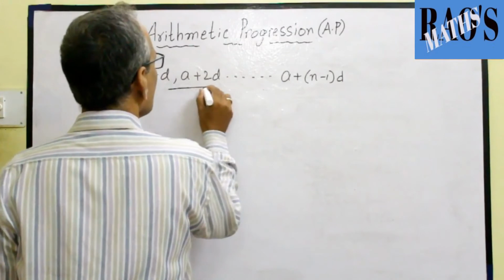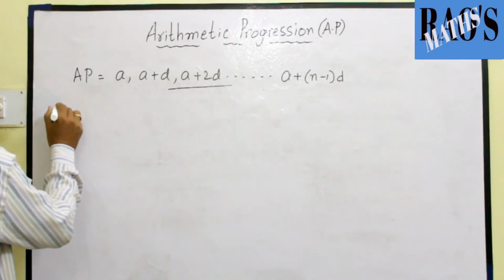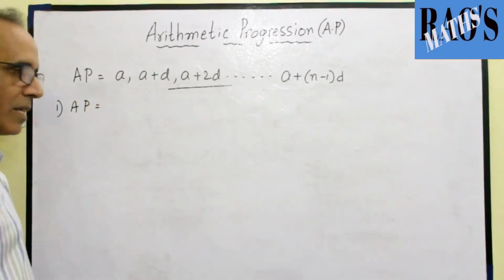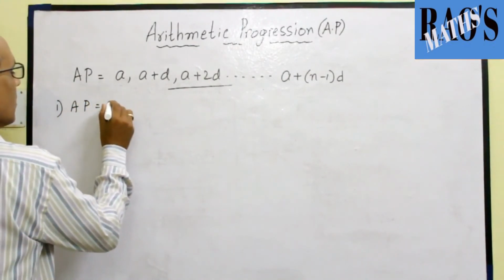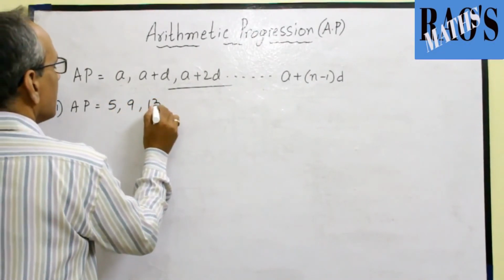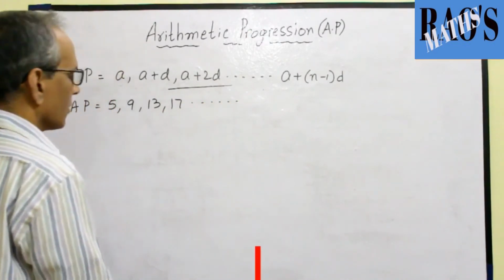So using this rule we find the nth term. Suppose the example is, you are given the AP 5, 9, 13, 17 and so on.